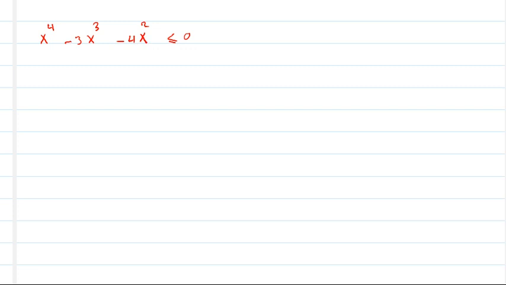In this inequality, let's try to factorize it by taking a common factor, since we don't have a constant here. So we can take a common factor, the least common factor, x squared.